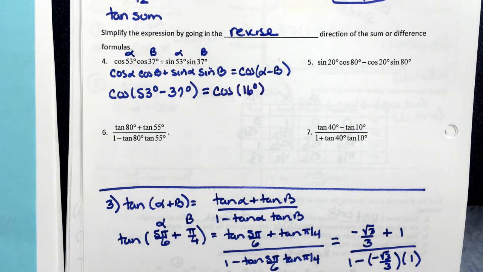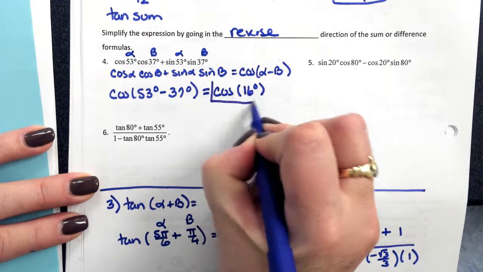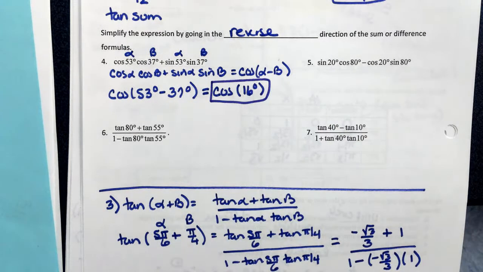Now, 16 degrees is not an angle from our unit circle, so we cannot simplify this anymore. This is as simplified as we can get. Obviously, if it was a unit circle angle, then we'd have to plug in the value from the unit circle. So this is what I mean by you can work these problems in the reverse direction. You just need to recognize which formula it's coming from.